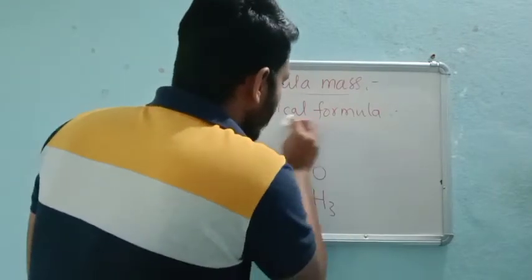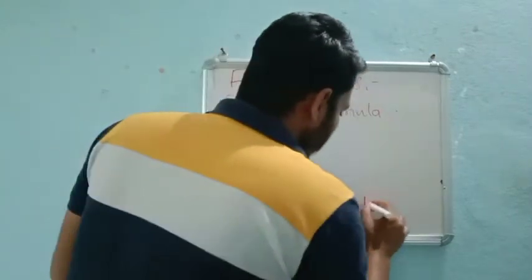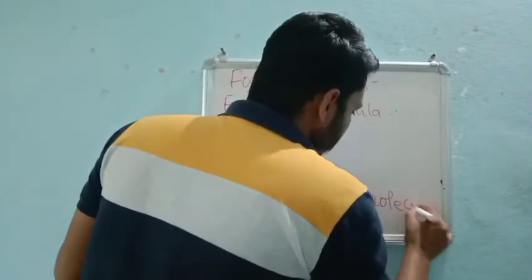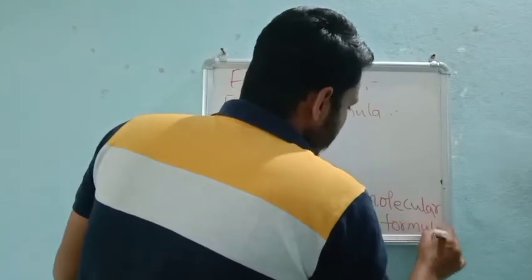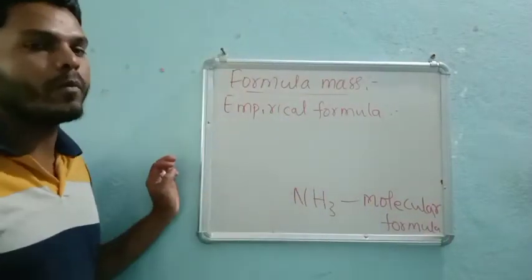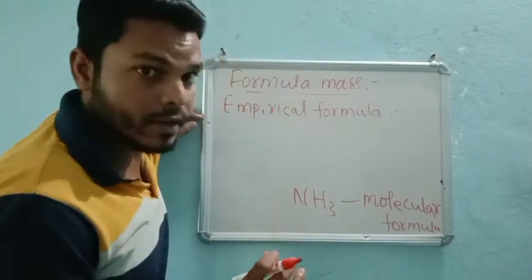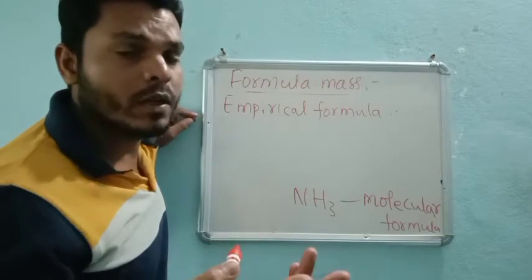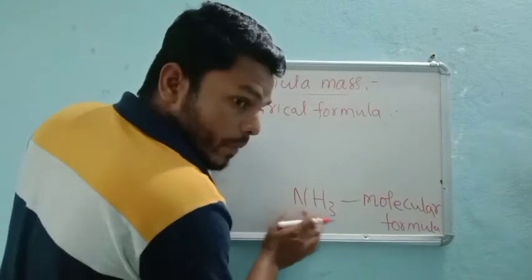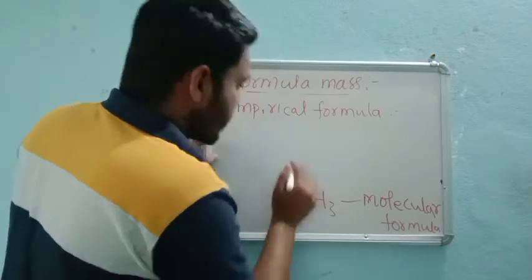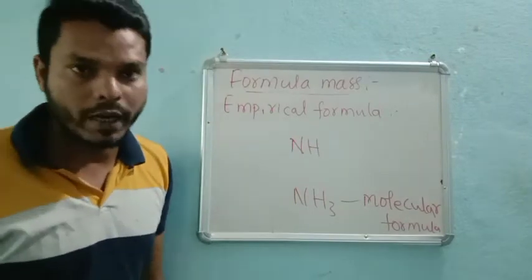This is the total number of elements, that means it is the molecular formula. If they ask you what is the empirical formula of ammonia, see what I said, different elements. Just check what are the different elements, not number. There are two elements. That means NH. That means NH is the empirical formula of ammonia.